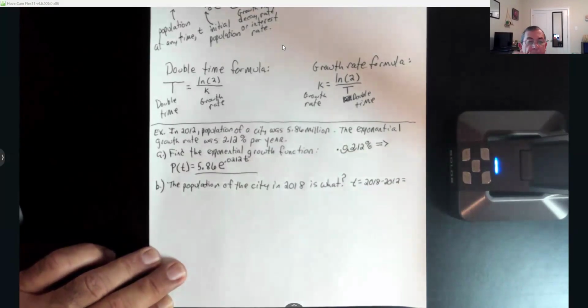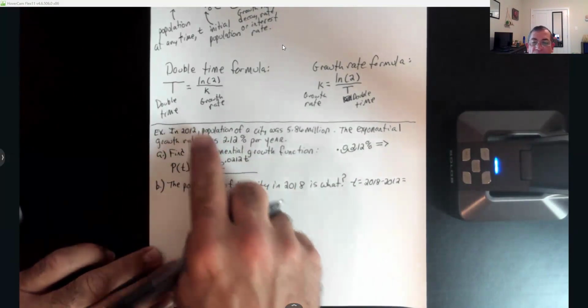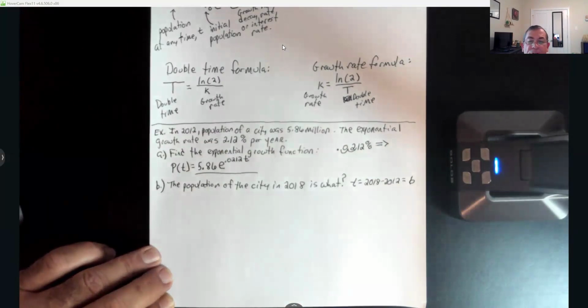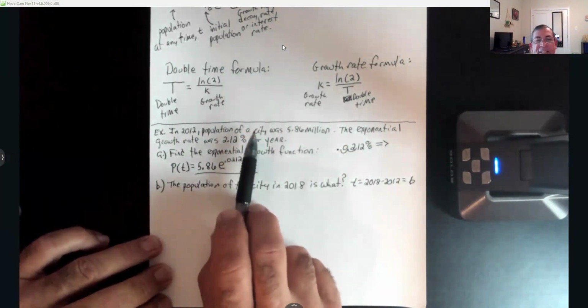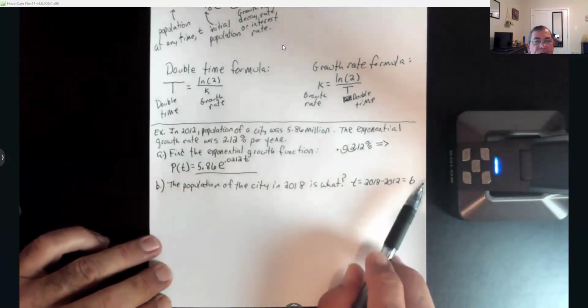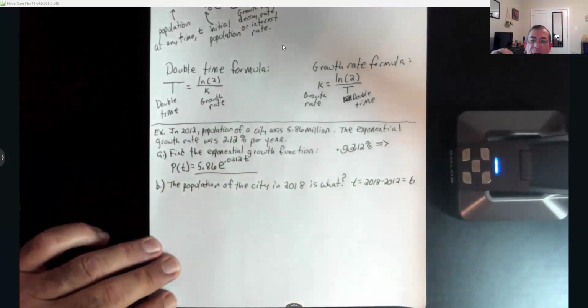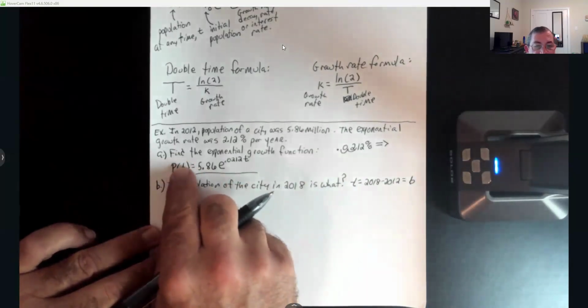All right, y'all, because we're just subtracting the years they're giving us. So that looks like 6 years. So basically, we're going to see how much this city grew after 6 years and what that population is now. So since we know that time is 6, we're finding P of 6.